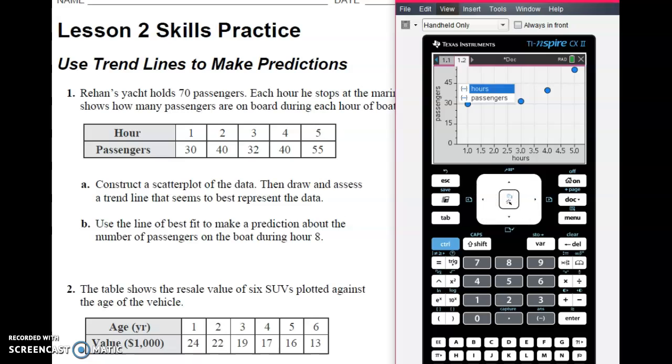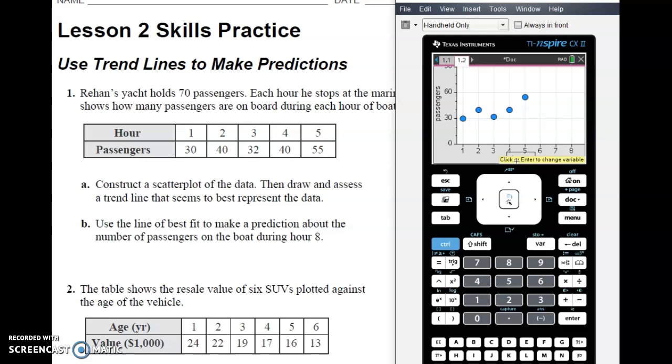Then grab it from the top, pull it down to like 90. Again, press the center button to release. Grab the x-axis, and we want it to go to about 9. So now, the graph that I have on my calculator looks almost identical to what I graphed by hand on my paper. Yes?